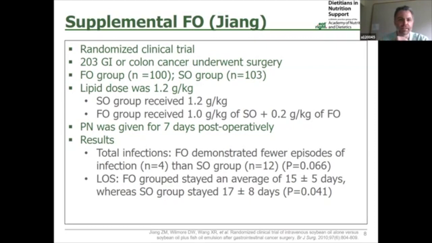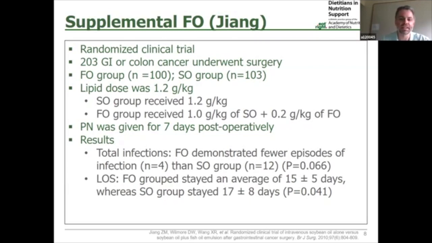Patients were given TPN for a week, and they had pretty much the exact same nutrition prescription as each other. The results in this study were that the total infections, although again it did not meet the burden of statistical significance, did show again a trend toward reduction, whereas those in the fish oil had 4 and those in the soybean had 12.